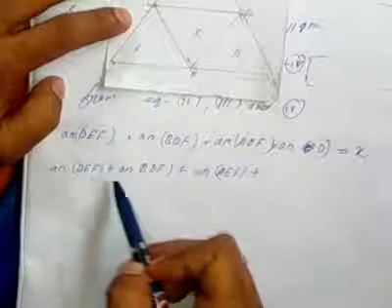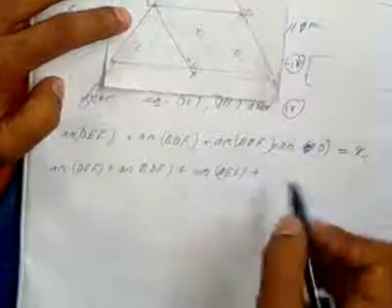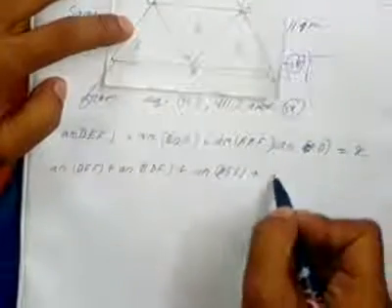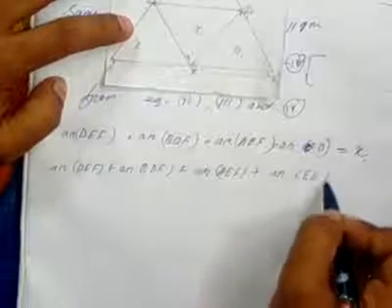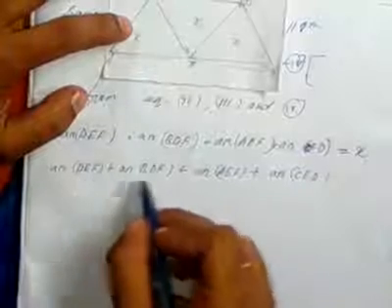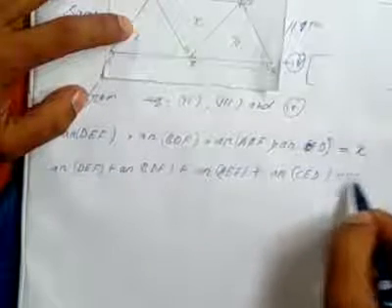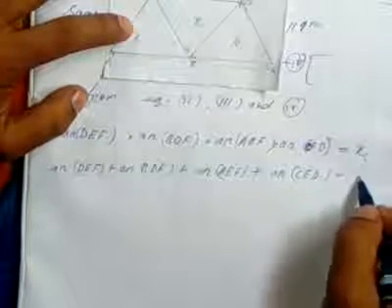Okay, if we add all these triangles, we will get the last one, area of CED, which is also x, isn't it?